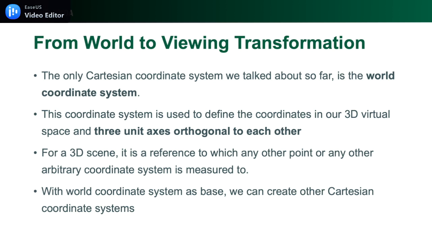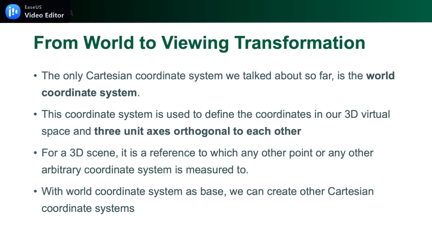As with points, these coordinate systems are defined by position in space, that's a translational value, and by three unit axes or vectors orthogonal to each other, which by definition is what Cartesian coordinate systems are. Let's take a look at an image to have a better understanding.